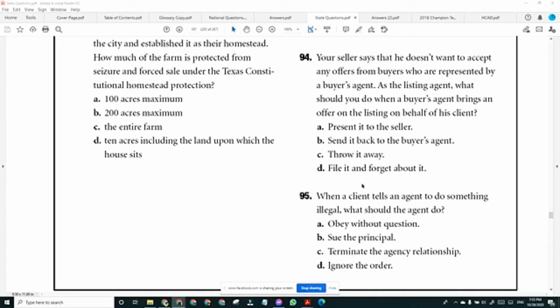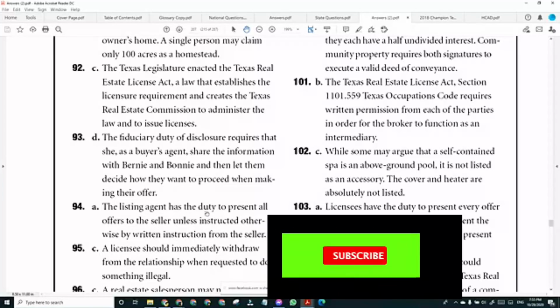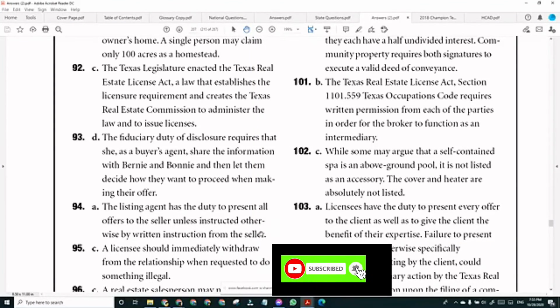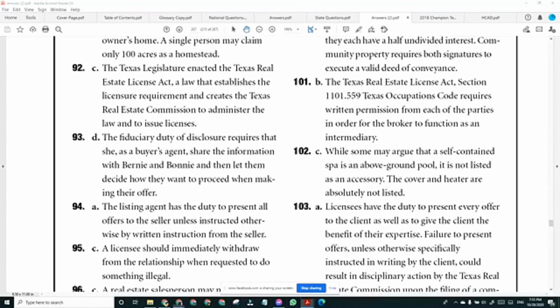I wonder what realtors do that. So all offers we get, okay, must be presented. Unless we have it in writing from the seller that they don't want us to present it. So 94 is A.